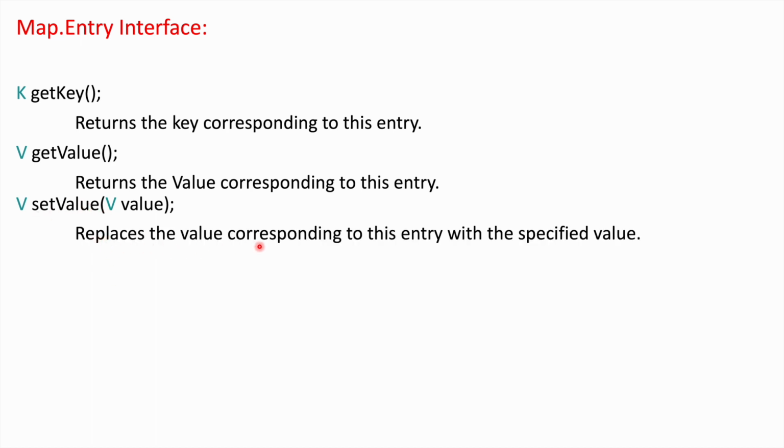This replaces the value corresponding to the entry with the specified value. These three methods, getKey, getValue and setValue, are applicable only for the entry object.